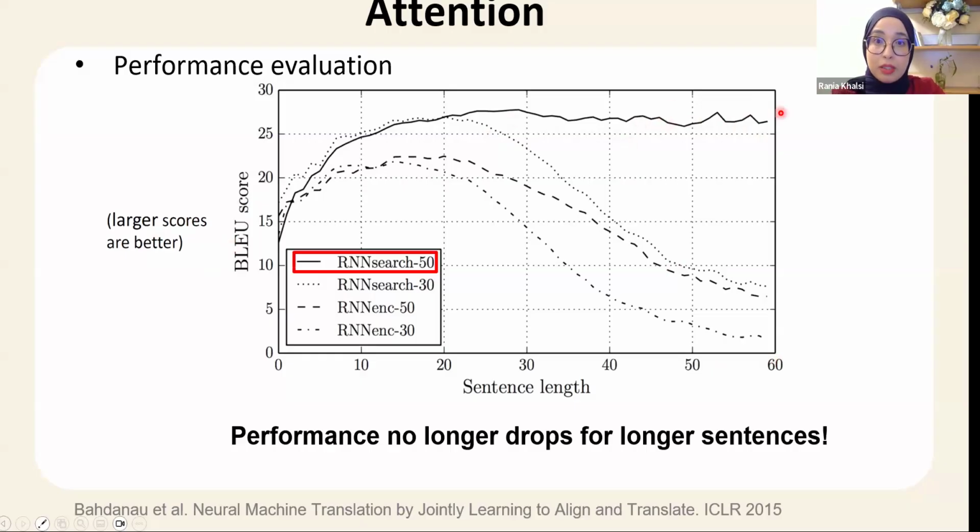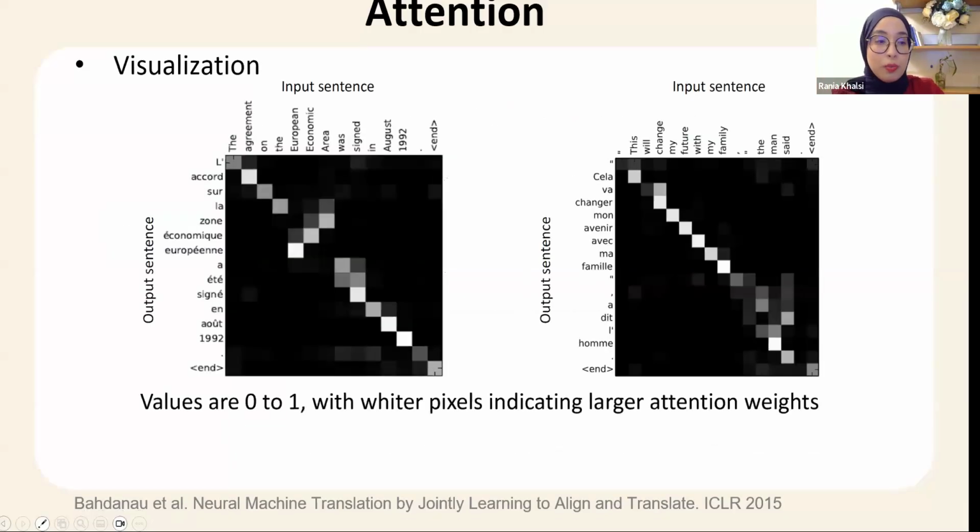This demonstrates the effectiveness of attention, where the model maintains high performance even for longer sentences. The performance is no longer dropping. So even if you have long sentences, we still have good performance, which is excellent. Now this does not only improve performance.